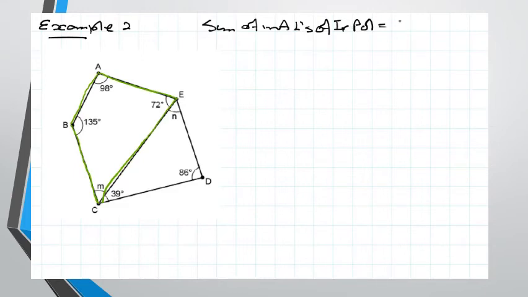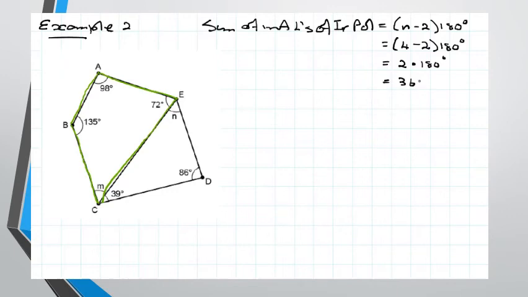If we remember the formula correctly, n minus 2, and now multiply 180 degrees. In this case it's an irregular polygon with 4 sides, so n represents the number of sides. 4 minus 2 multiply 180 degrees. 4 minus 2 going to leave me then with 2, multiply the 180 degrees, and then I'm going to have 360 degrees. That is for the first figure.